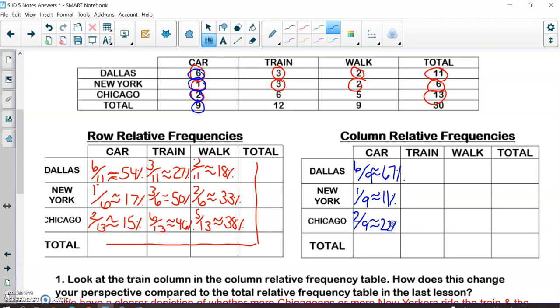Now, just like in the row frequency table, we're only focused on the joint cells when we're doing conditional frequencies. Out of all the people that took the train to work, 3 out of 12 were from Dallas.